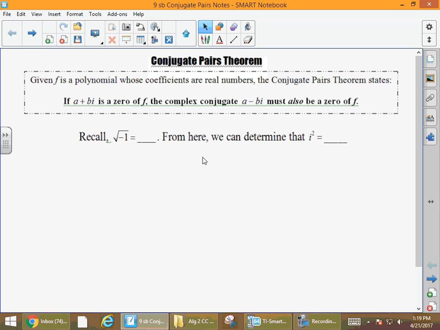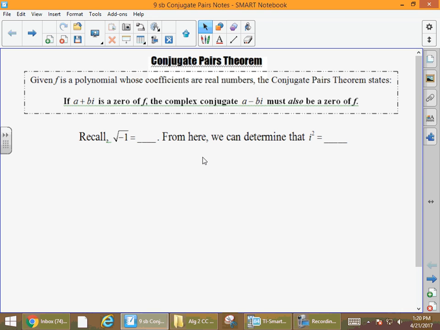Today we're going to talk about the conjugate pairs theorem, and we need to remember what a conjugate is first of all. In general, what I like to say is, with a conjugate, we change one sign of the binomial. But it's not always a binomial, so I can shorten that saying and just say that we change one sign.